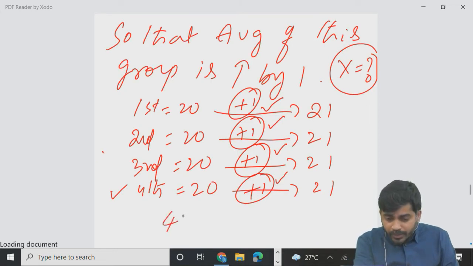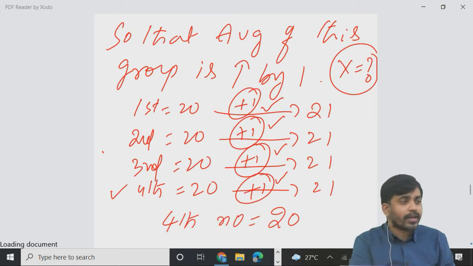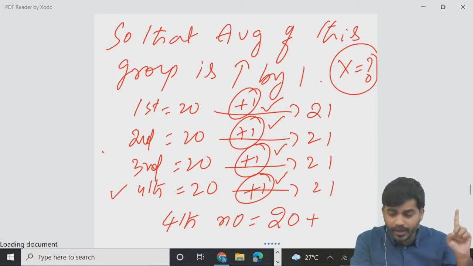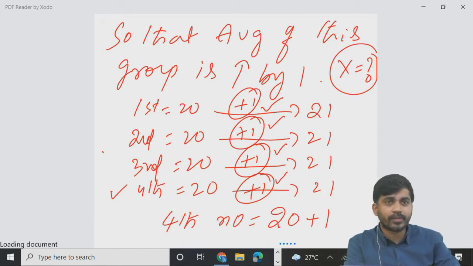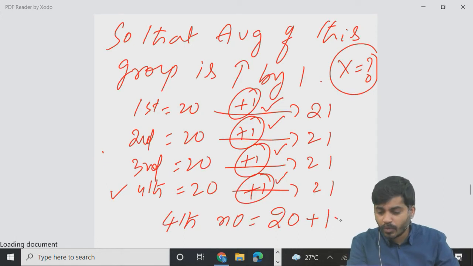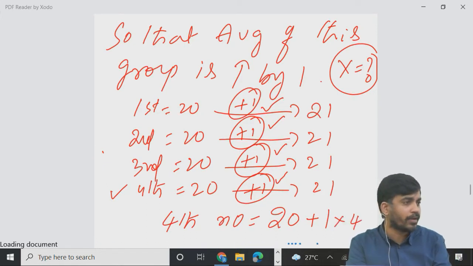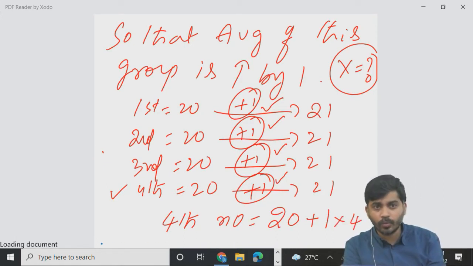It means the fourth number should be equal to minimum 20 to maintain the same average, plus what is the increment? Increment is 1 into, how many numbers including the new number? There are 4 numbers. So 1 into 4, increment 1 into number of numbers.